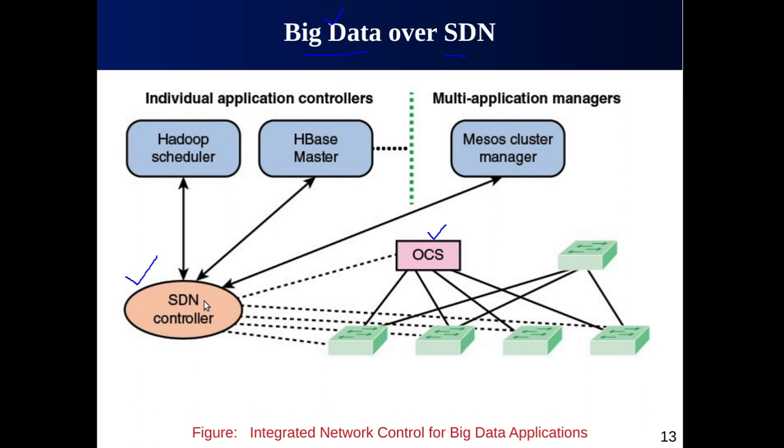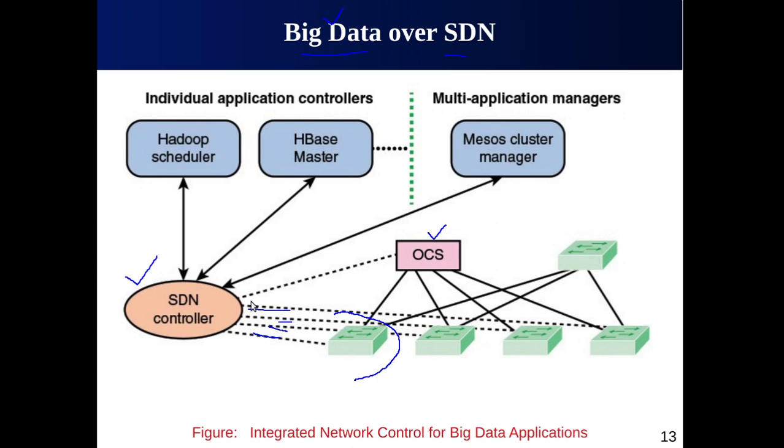In this case, the SDN controller is connected to two types of switches. You can see it is connected on one side to the OCS, and on the other side to the Ethernet switch, which is a simple Ethernet switch. However, all these switches are controlled by this SDN controller.